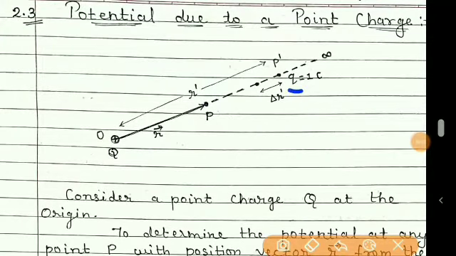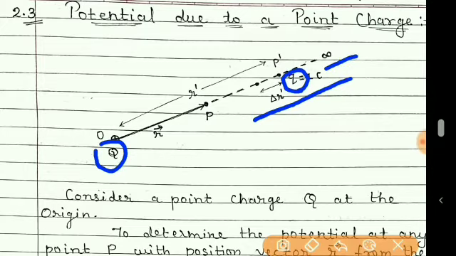So now when this charge is brought from infinity towards point P, due to this charge Q the force is acting on this charge away from it, because here we have considered the charge at point O to be positive, and this unit charge is also positive.